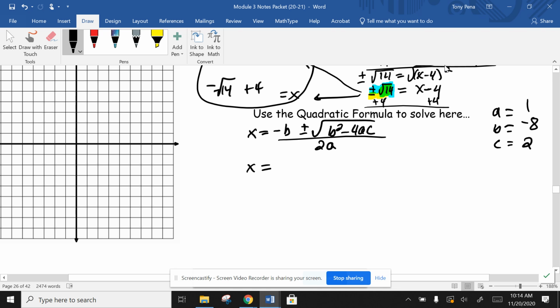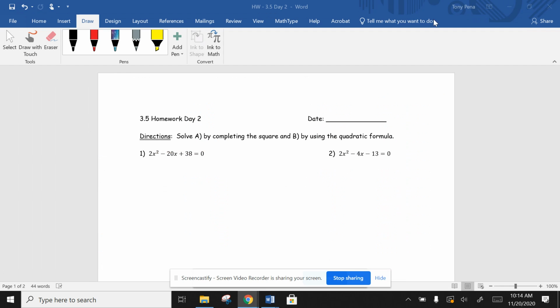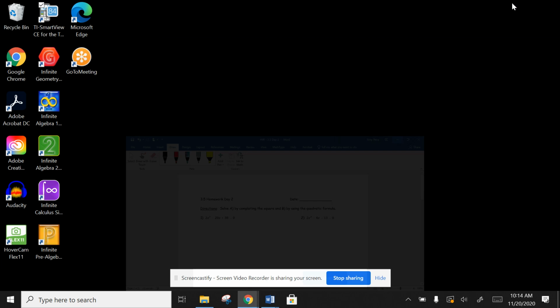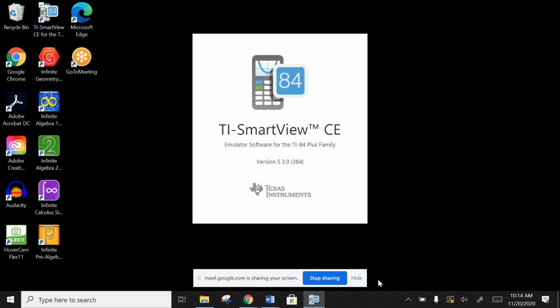I'm going to pull up my calculator too while they're working. And then as a hint, your answer better be the same exact thing we just got, right? We did it a little bit differently with the square roots, whatever, but you should get the exact same answers.